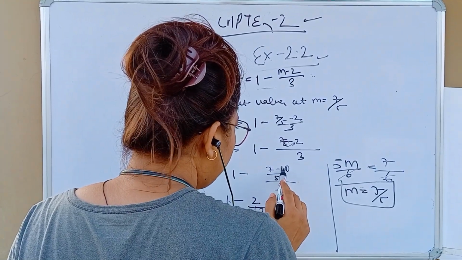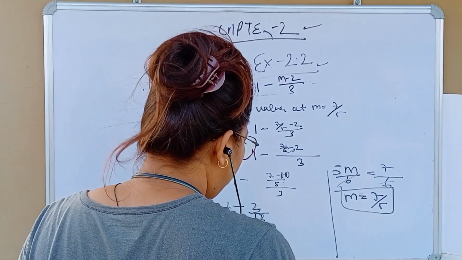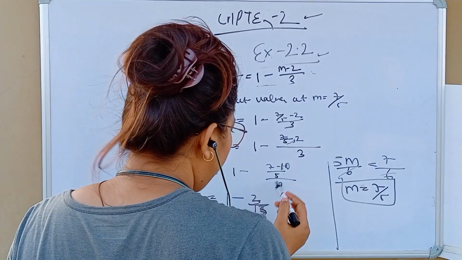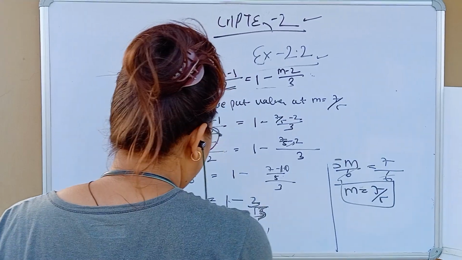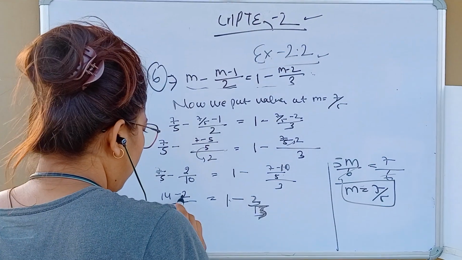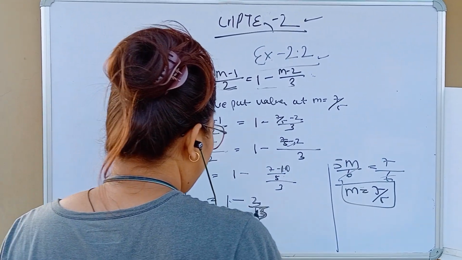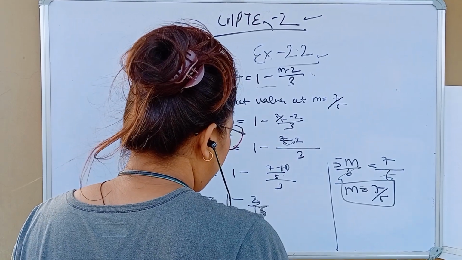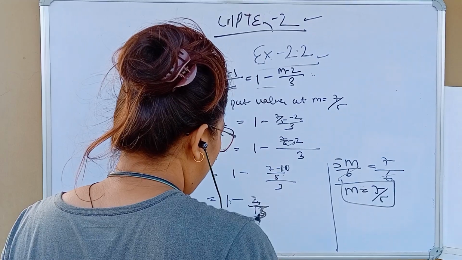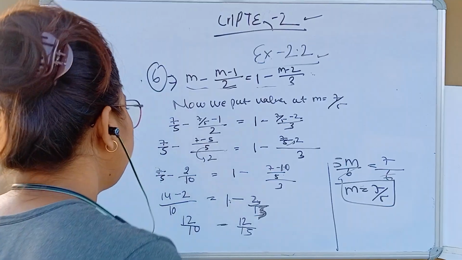So 15 minus 3 is 12, and here is 12 divided by 10.